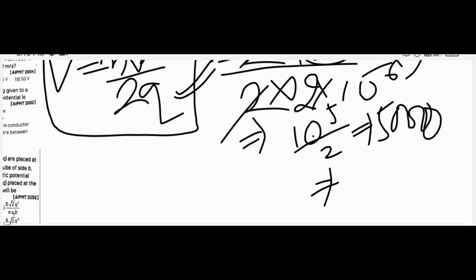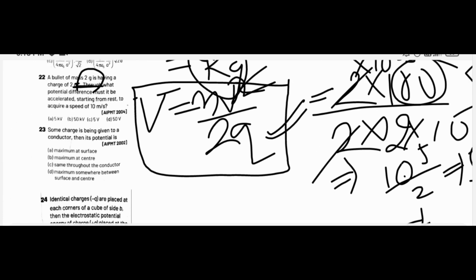Just check the option as they have given. They have given it in terms of 50 kilowatt, which is option B. So we can say it is 50 into 10 power of 3, then the answer will be the second option.